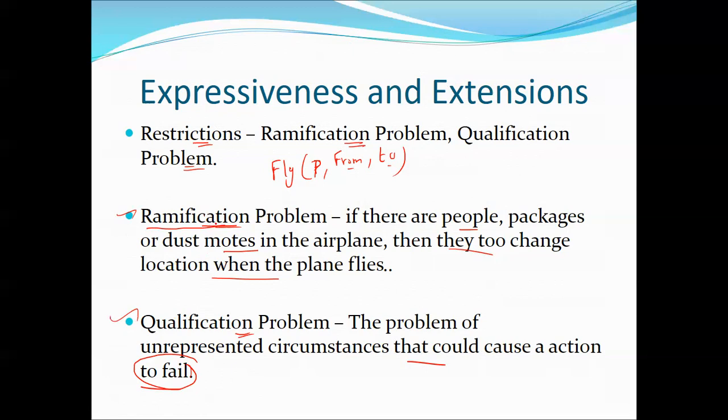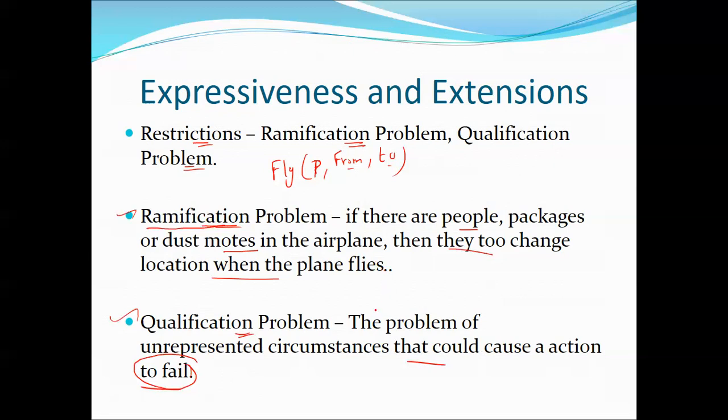Ramification means along with the people, packages, and dust mites, all other things also fly, but you cannot represent everything that flies along with the plane. That becomes too complex. Similarly, qualification problem means normally we set some conditions for applying any action.